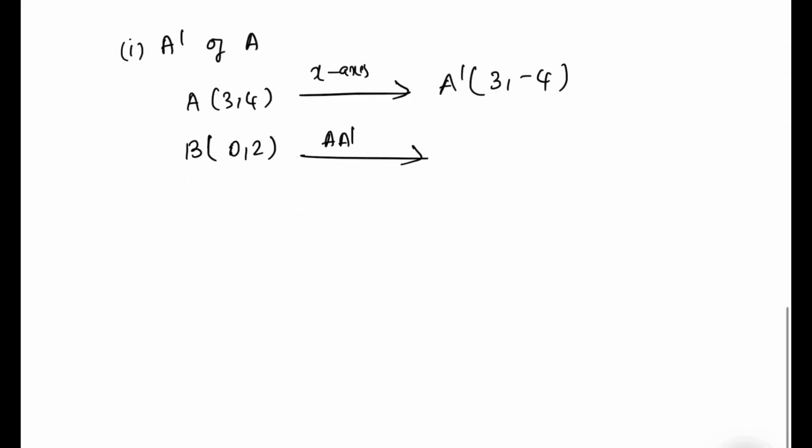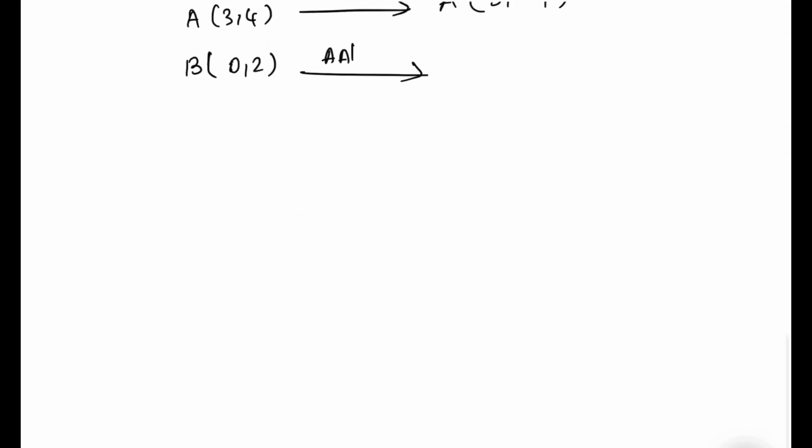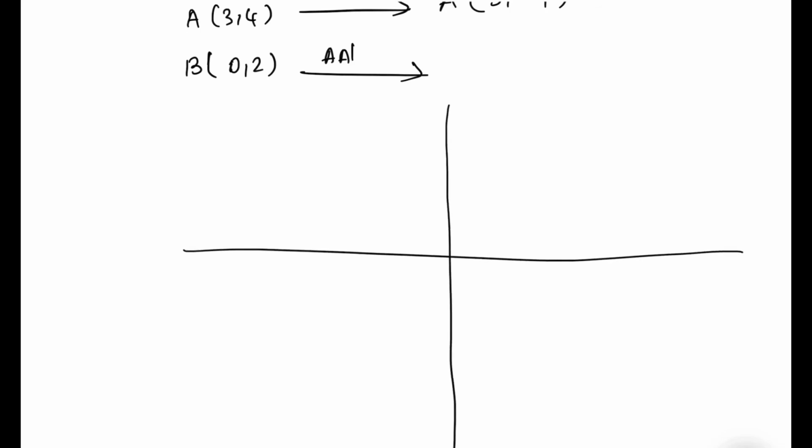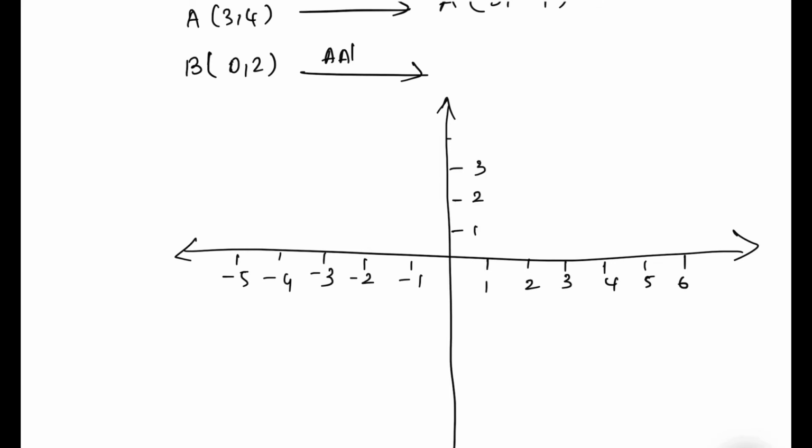B 0, 2 should be reflected on line A dash. So in order to define this, we really need the graph, right? So let us draw the graph now. Randomly I am drawing the values. When you write, it should be a neat graph. 2, 3, 4, 5, 6, minus 1, minus 2, minus 3, minus 4, minus 5, 1, 2, 3, 4, 5, minus 1, minus 2, minus 3, minus 4, minus 5.